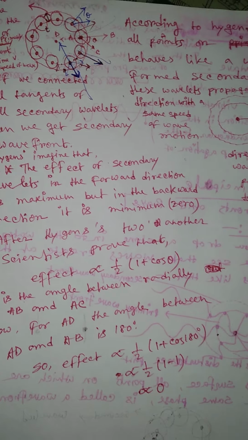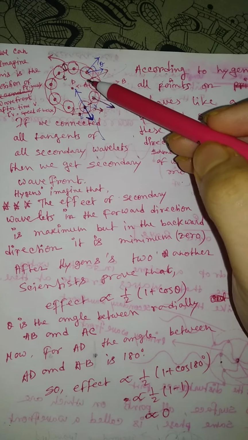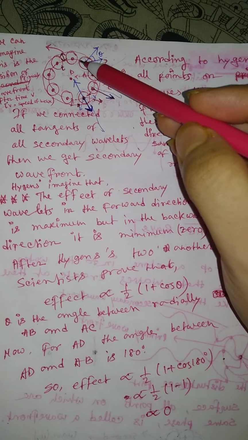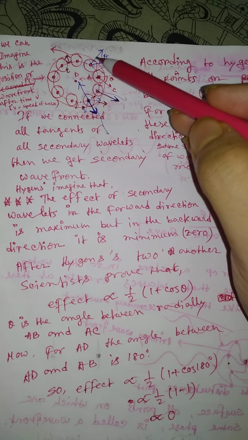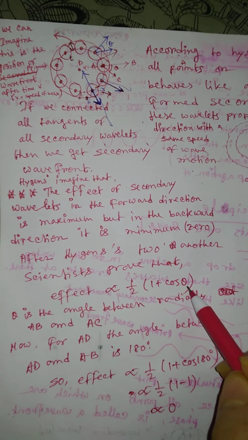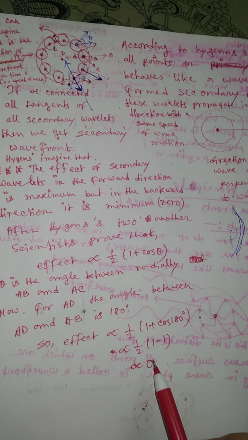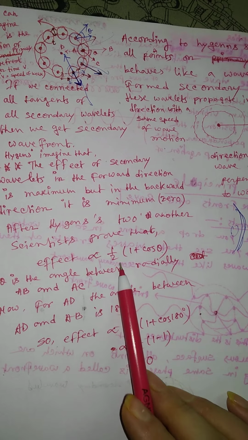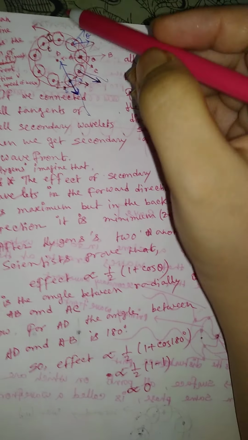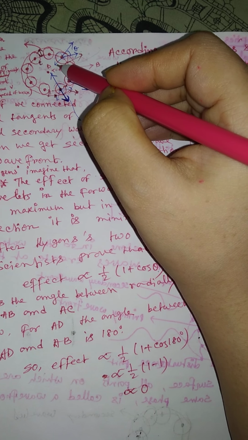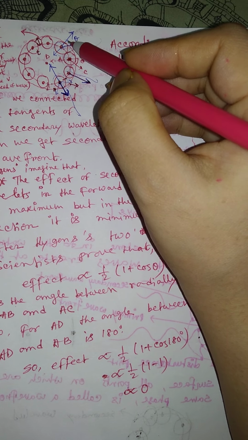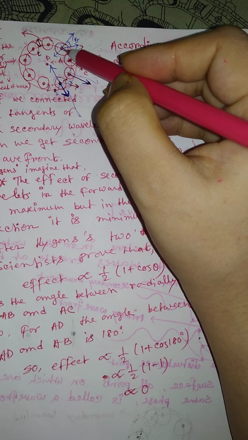Just look here. If we want to find the effect of this wavelet along the direction of wave motion, then theta will be 0. If theta is 0, then the effect is maximum, right? But if we want to find the effect of this wavelet along this direction, then theta will be 180 degrees, right?